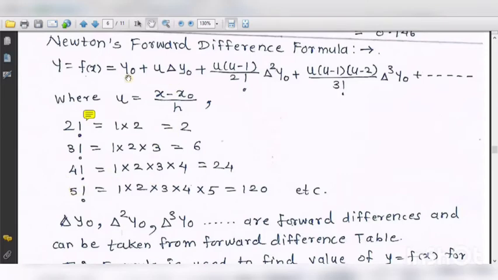And the values y0, delta y0, delta square y0, delta cube y0, you can pick from the forward difference table, as we know now how to construct the forward difference table. I think you people have done the exercise which I had given you at the end of lecture 3. So now you know how to construct the forward difference table.